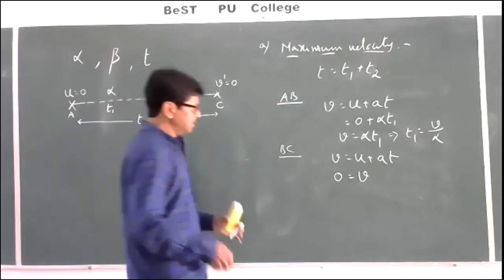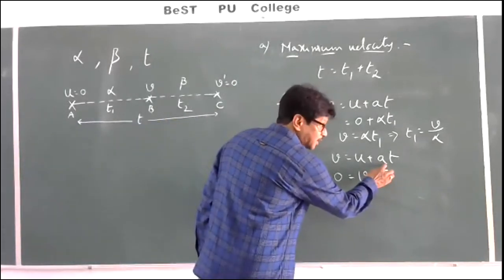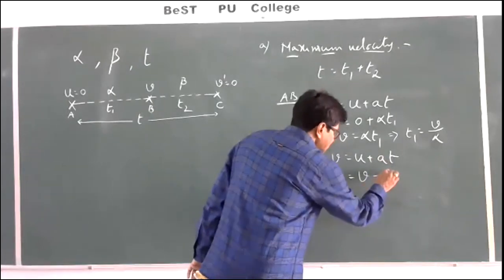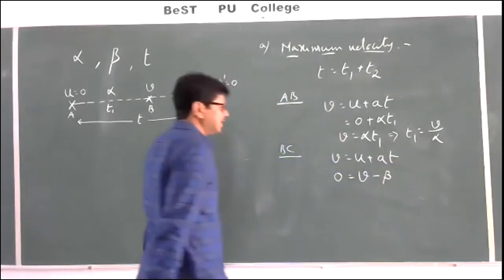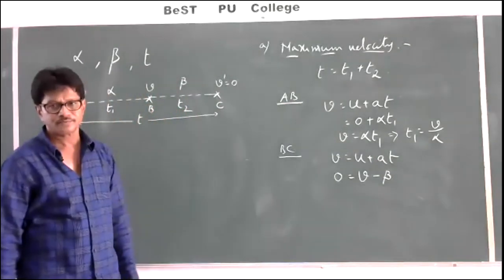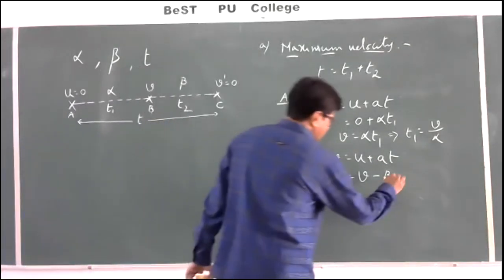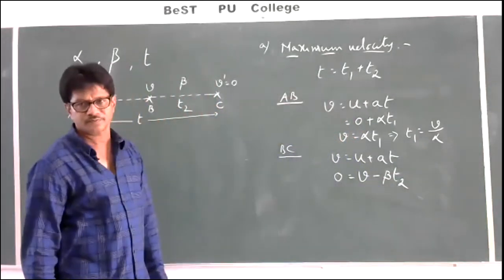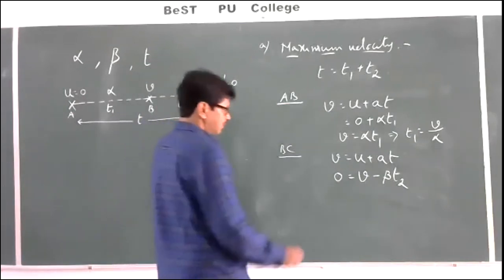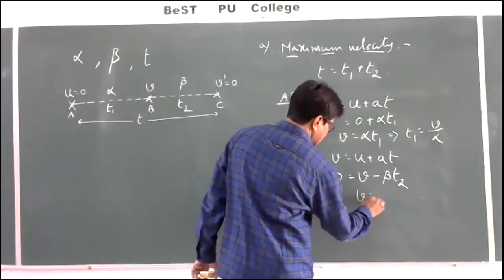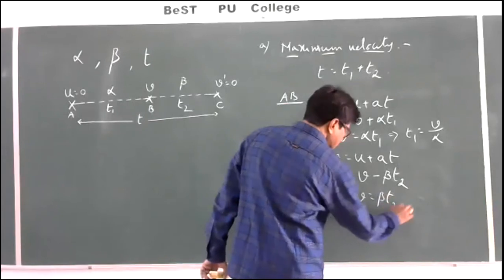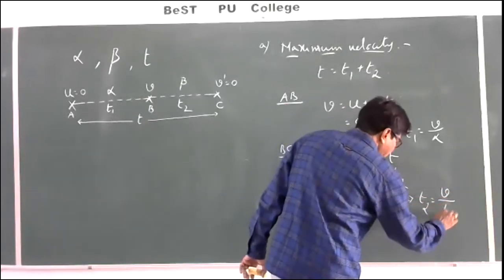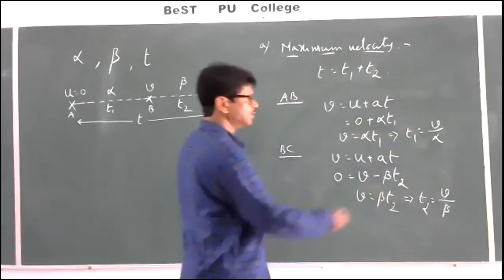We want acceleration, not retardation, so instead of A, I will go with minus beta, where T is nothing but T2. From here, V is equal to beta T2, so T2 is equal to V by beta.